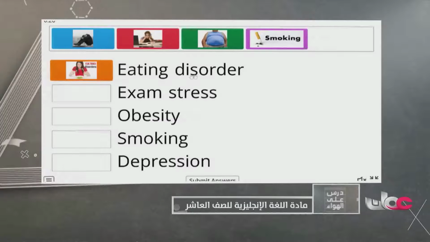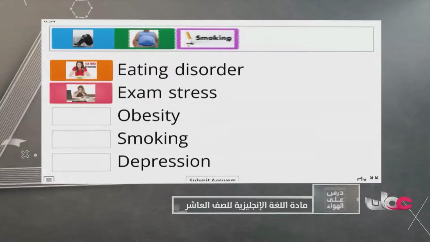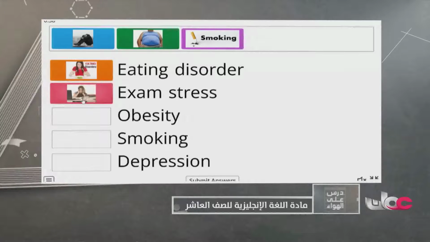So this is eating disorder. Okay, then exam stress. Which picture shows exam stress? Look at this lady. She is thinking, and in front of her are a lot of books and a laptop. So this is called exam stress. You have stress before exams.